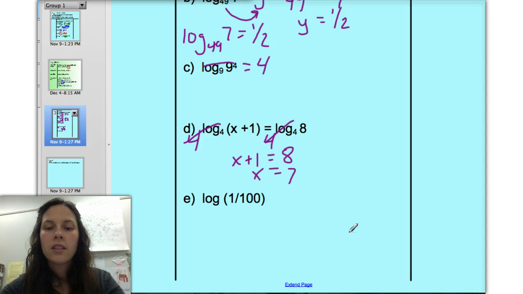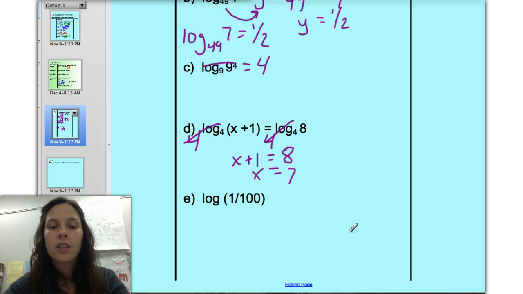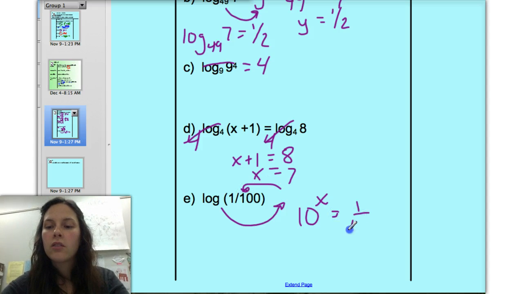And our final example for this lesson, we have log of 1/100th. Remember, when we don't see the base, it's the common log. So we have log base 10. So if you want to do your curly law, 10 to what power gives you 1 over 100.